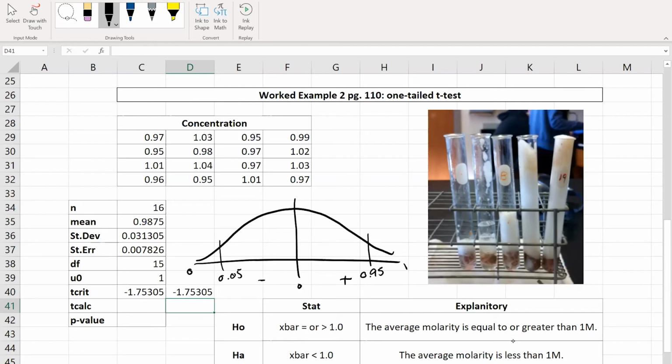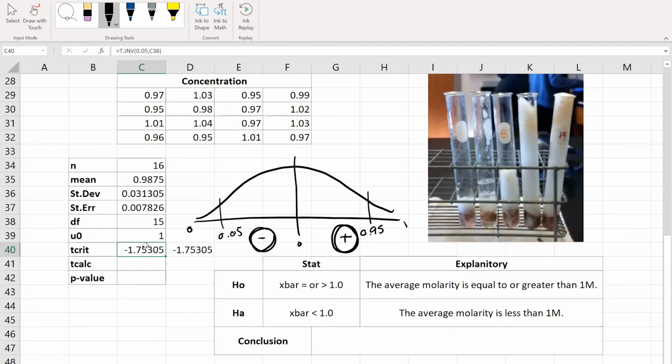So when we type in this 0.05, it gives us our negative t-crit. When we type in the 0.95, it gives us our positive t-crit. So make sure to keep that in mind. This is a left-tailed question, so our t-crit value should absolutely be negative. If it's positive, that means that we're looking at the positive side, which we don't want to do.